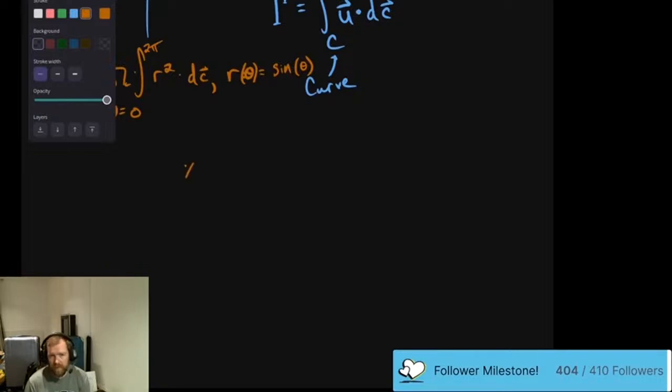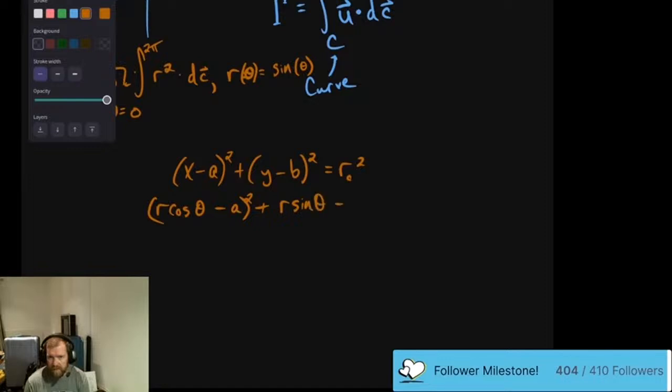Okay, no, okay. x minus a squared plus y minus b squared equals r_c squared, because it's just a constant. Yep, so r cosine theta minus a, plus r sine theta minus b, squared equals r_c squared.